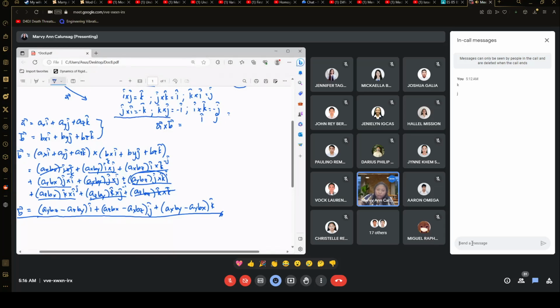Then the second row elements are the components of A, since this is the first vector. So A: we have AX, AY, and AZ.